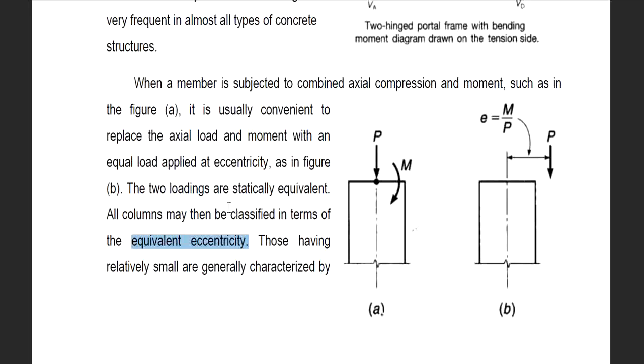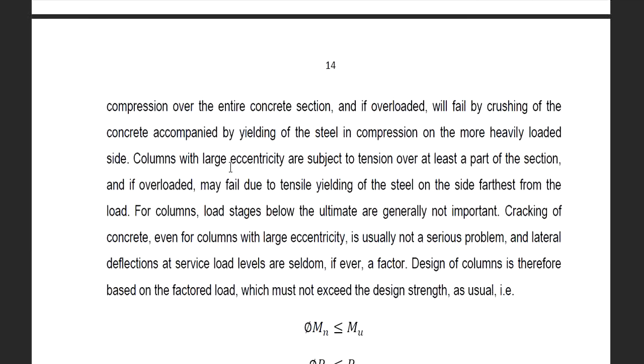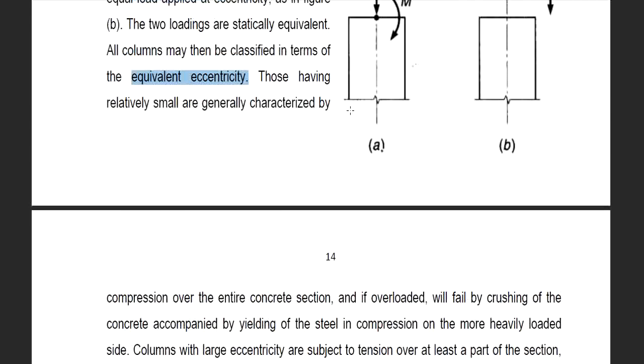Now, how this column is going to fail is very important, because based on that only we are going to draw the charts. Whenever the axial load is heavy, compression over the entire concrete section is going to take place.